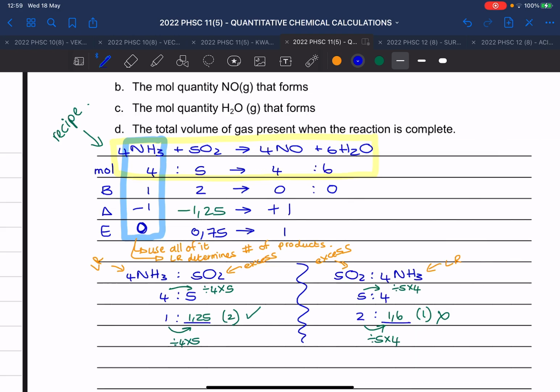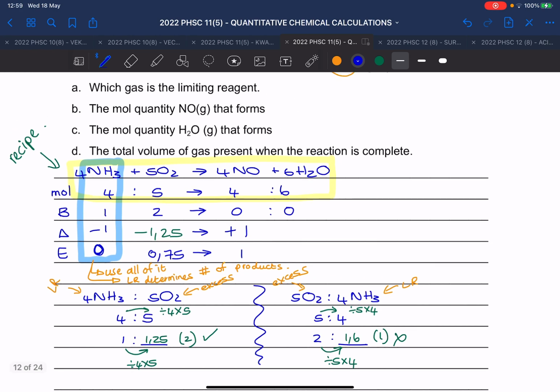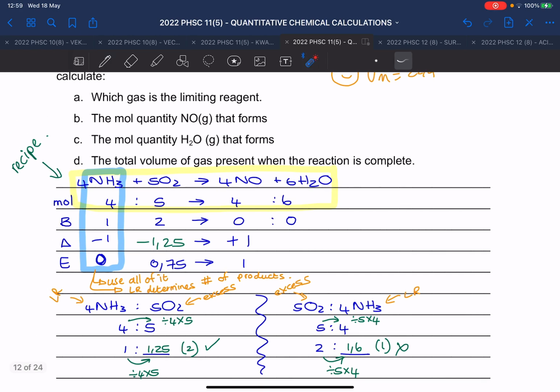Okay, so quickly want to stop. The first question there was, which gas is the limiting reagent? And we determined it was ammonia as a limiting reagent. Then, what is the mole quantity of nitrogen monoxide that forms?